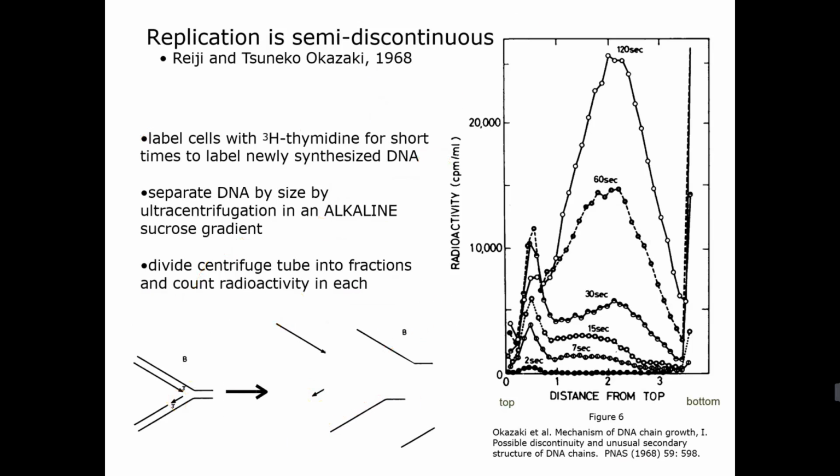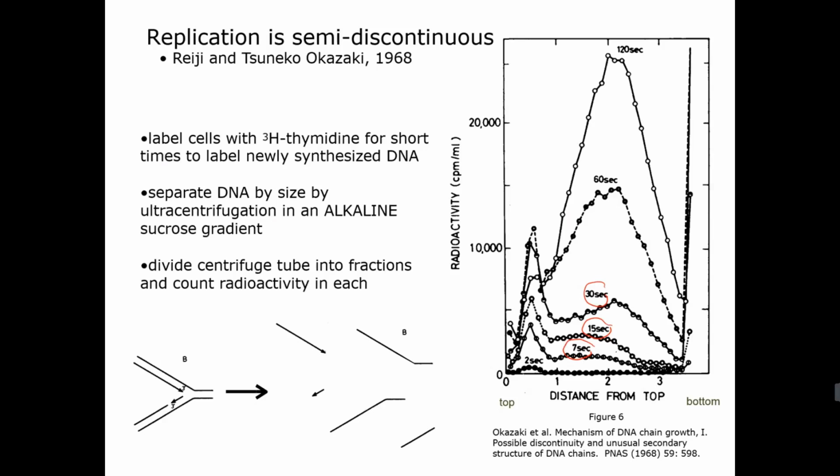Okay, so now let's focus on the data and the graph on this slide, and talk about the important details. Remember they did this experiment at several different time points, with either 2 seconds of labeling, 7 seconds, 15 seconds, and so on. Those are highlighted on the graph. Let's focus on the 7-second line because it's a very short labeling time point. What I hope you can see is there are actually 2 peaks.